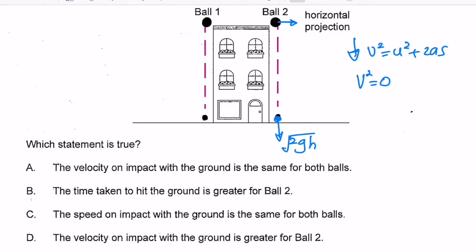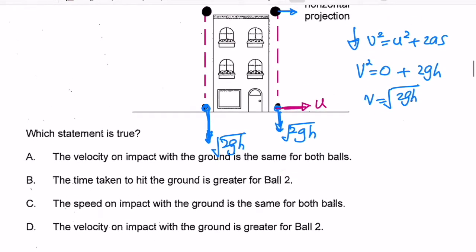You can say there's a horizontal speed, but we are talking about vertical speed. So v squared equals 2gh, v equals root 2gh. So both of them have the same vertical velocity, root 2gh, but there's a difference. Here it has a starting horizontal speed, with no influence from friction.